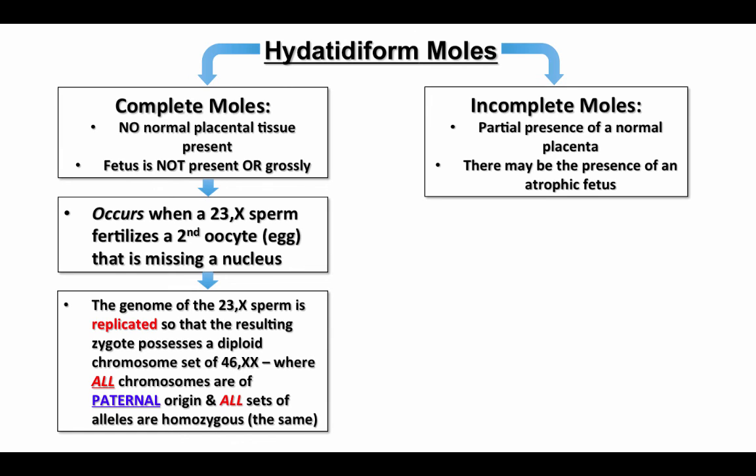But in this case, all of the chromosomes are going to be of paternal origin, right? Because all of the chromosomes originated from that one sperm. And in fact, all of the homologous chromosomes are identical to one another, and therefore all of the alleles, meaning all of the different versions of the genes for all of those chromosomes, are also exactly the same.